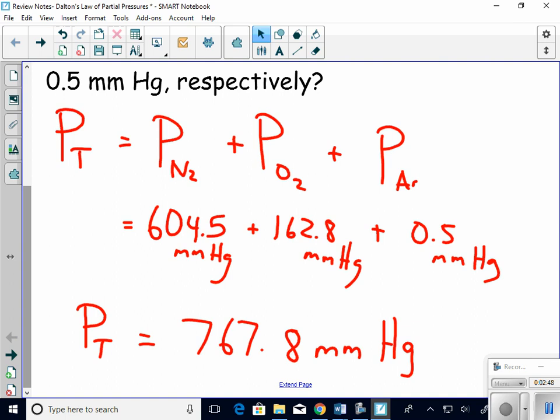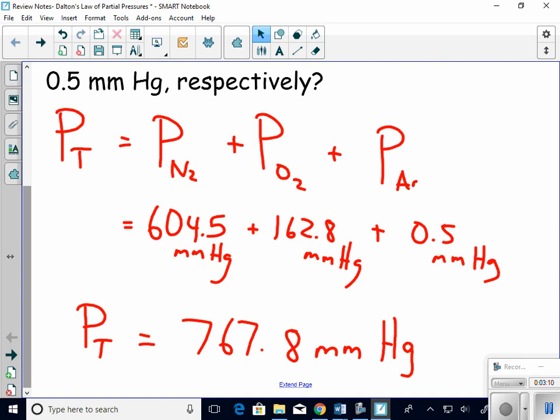I want you to keep your hands up if you voted no. You folks are the ones that are wrong. Because I have the correct amount of sig figs here, because we are adding.